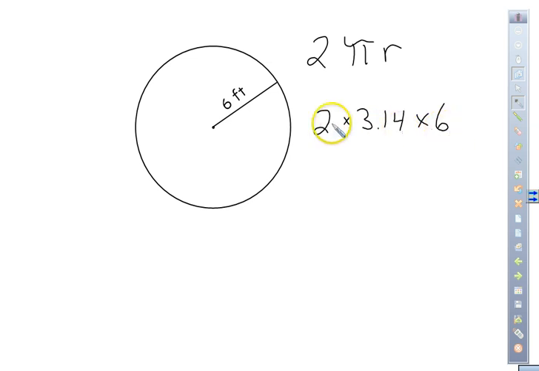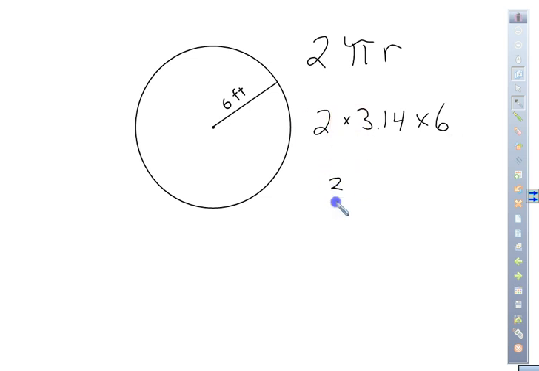Or you could say 3.14 times 2, which most of you can probably do in your head, and get 6.28 times 6. There's a variety of ways of solving this, or you can plug in your calculator: 2 times 3.14 times 6. All of that's going to give you the same answer.